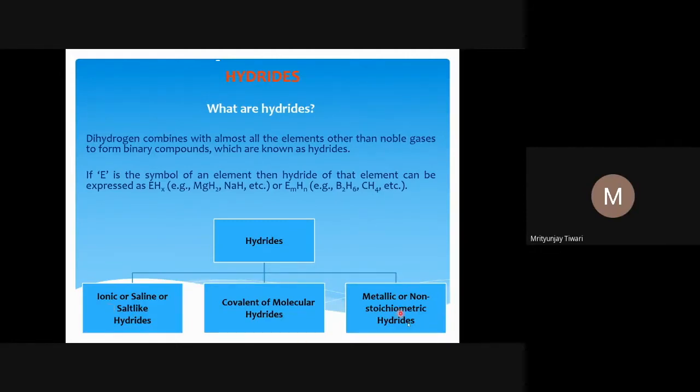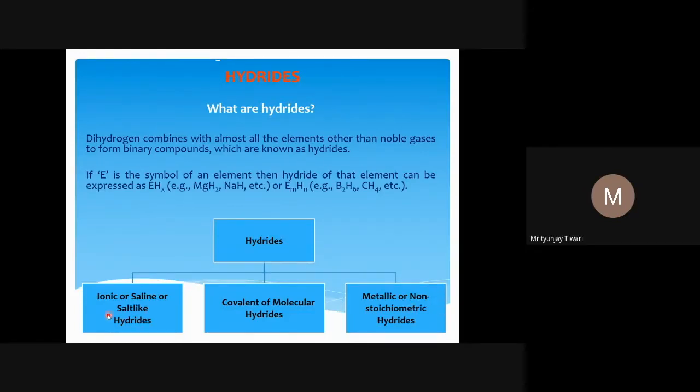Now the metallic or non-stoichiometric hydrides. As I said, metallic hydrides or non-stoichiometric hydrides. You should remember that in ionic or saline hydrides also, metal atoms are involved. However, metallic hydrides as we define them are slightly different.